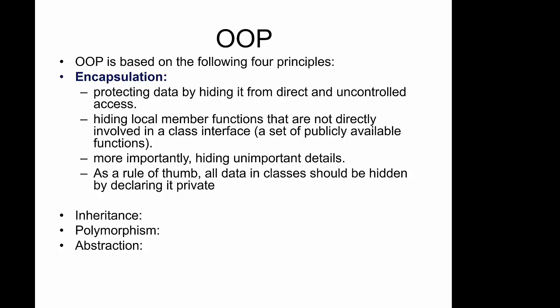So encapsulation means I hide all the implementation details. I only provide an interface, and through this interface and documentation, you'll be able to use the code as a customer without having any information about how I implemented it. So data protection is one important reason why encapsulation is one of the principles of OOP.